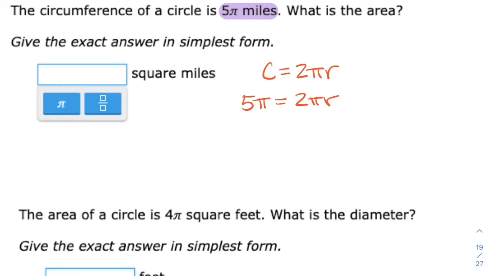So the circumference of a circle is 5 pi. So I substitute it in. Now I'm going to divide both sides by 2 pi. And so I get 5 over 2 equals r.